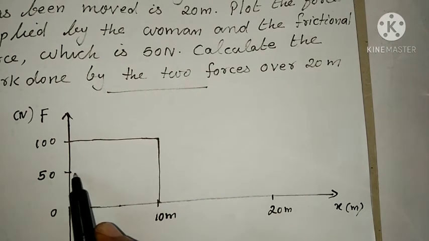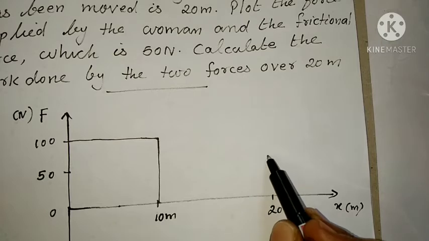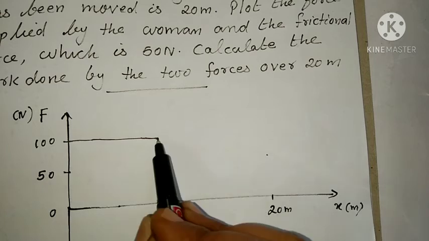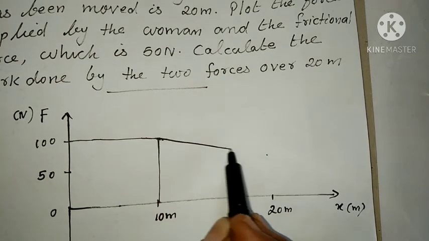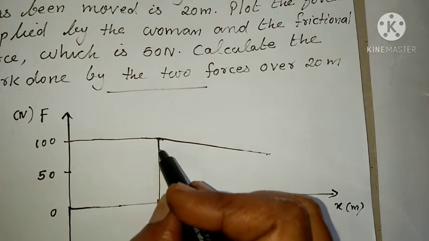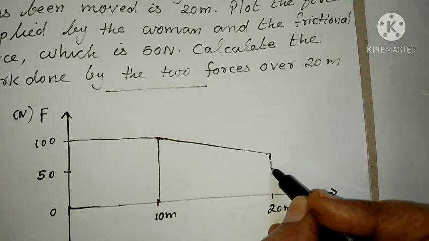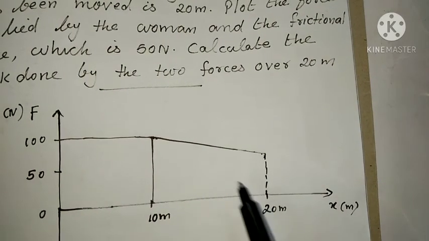So we can plot the graph like this. Here we can use dotted lines, isn't it? So this is the graphical representation.